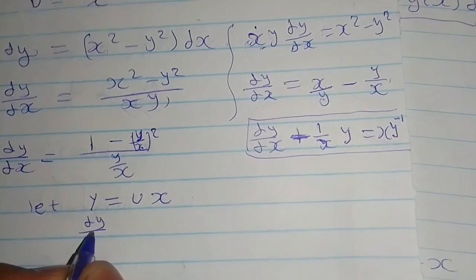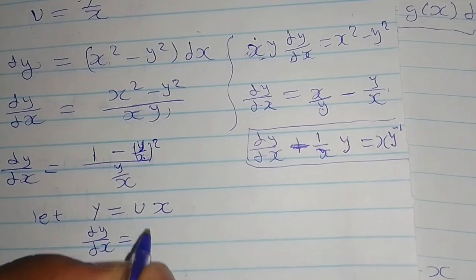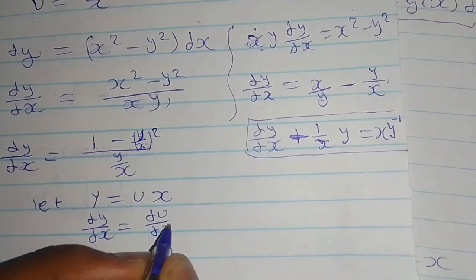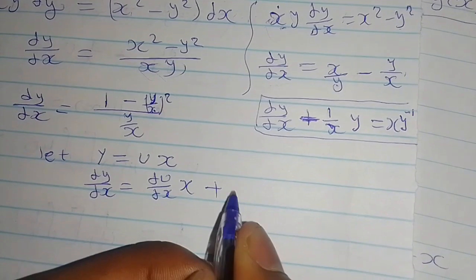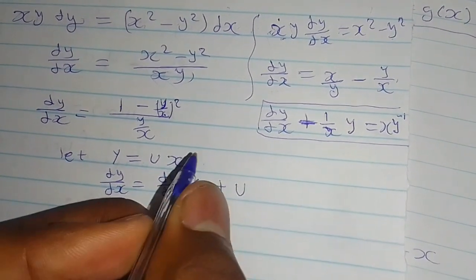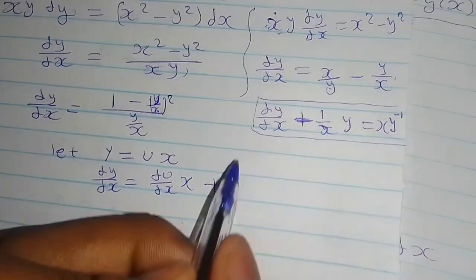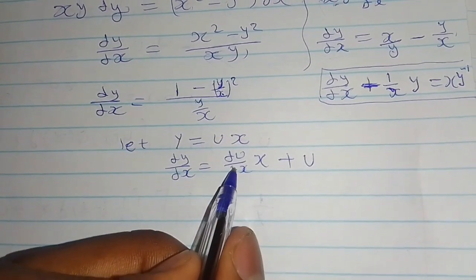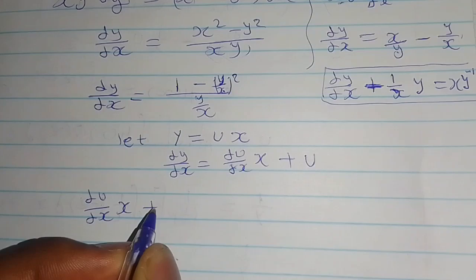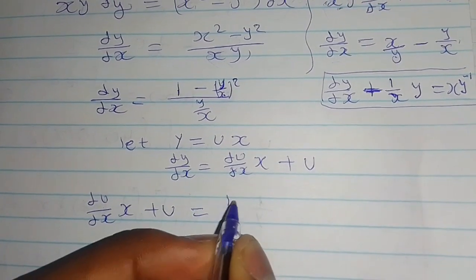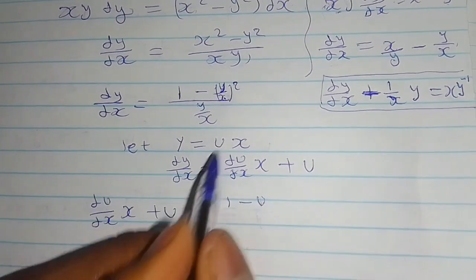Then dy/dx will be equal to the derivative of u with respect to x times x, plus, remember it's the product rule, u times the derivative of x with respect to itself. That's just going to be 1, and u times 1 is just u. Plug everything in. Then you have du/dx times x plus u equals 1 minus u squared over u, since y over x is just u.